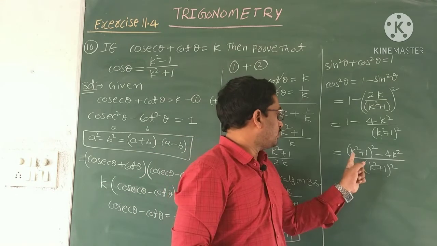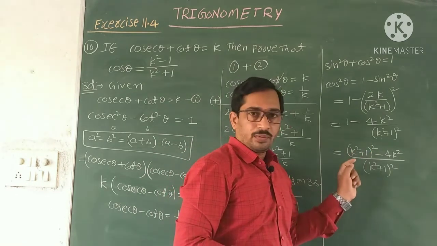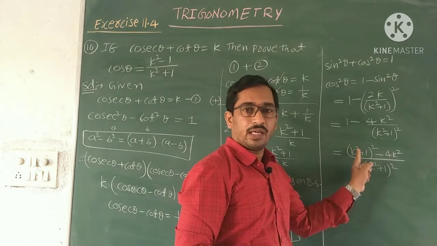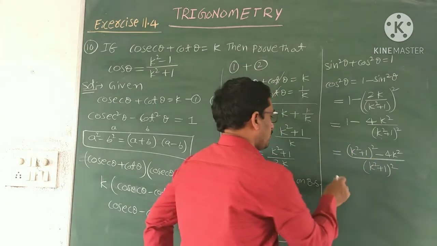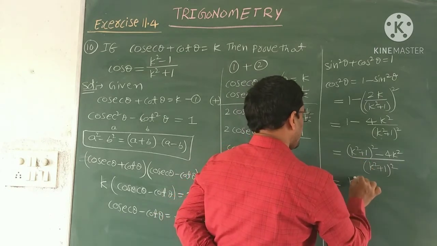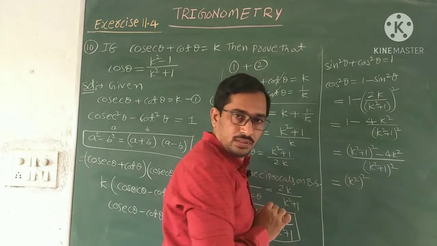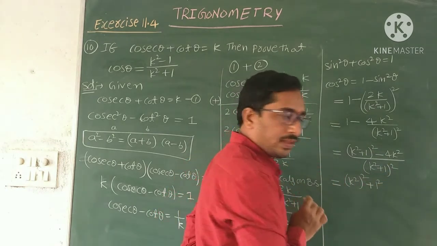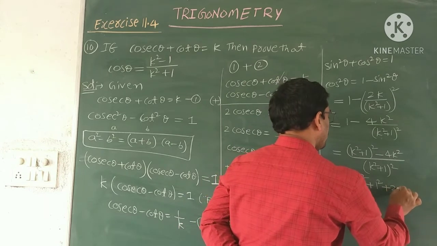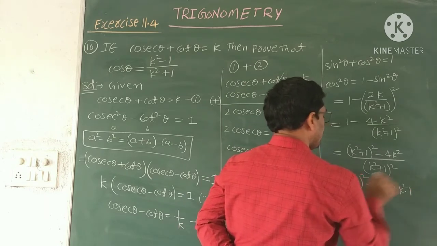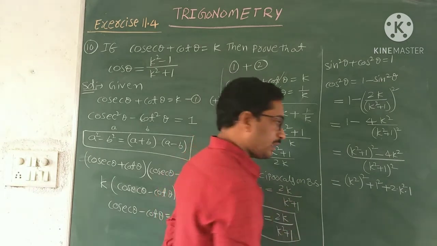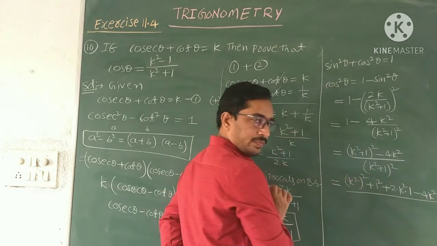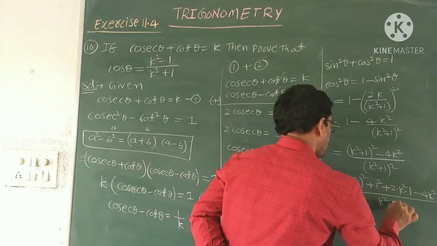Now split this into a plus b whole square form. It is in the form of a plus b whole square, a value k square, b value 1. So a square is k square whole square, plus b square 1 square, plus 2ab, 2 into k square into 1, because a value is k square and b value is 1, minus 4k square as it is, by the same denominator k square plus 1 whole square.